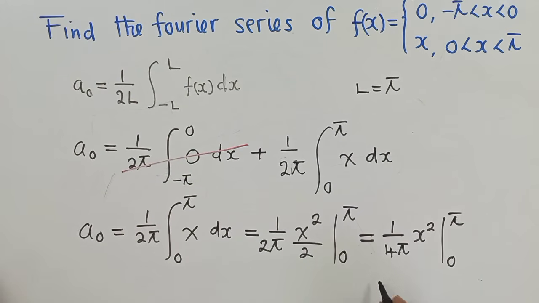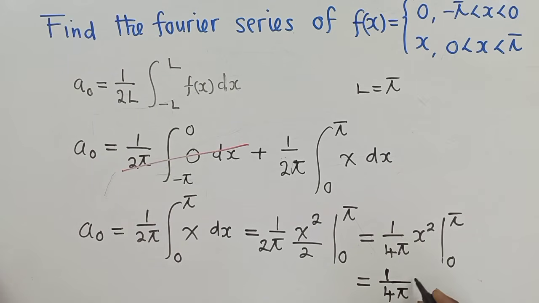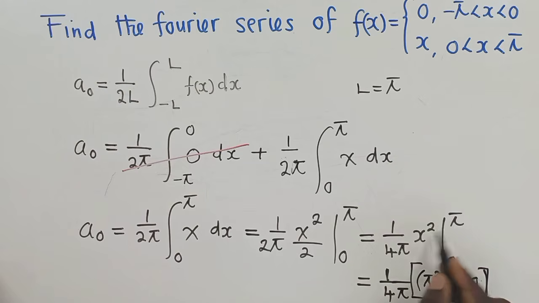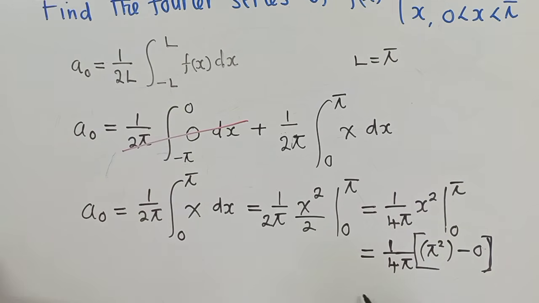So the next thing here will just be to plug in the pi. So I have 1 over 4 pi there. Here we'll put pi squared minus 0. I guess you know how to plug in the limits. So put the limits here, which is this one, and this one, which is that one there. So what are we getting here?